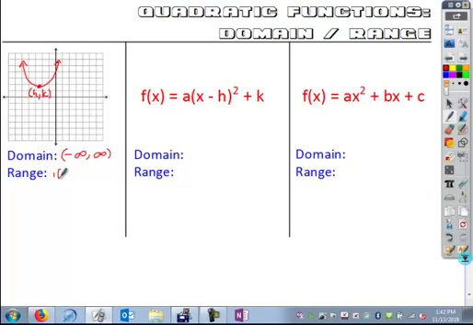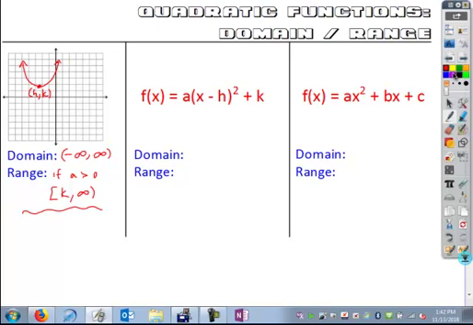So if you have an a value that's positive, then your range is going to begin at the y-coordinate of the vertex, which is designated by the letter k here, and it extends all the way to infinity.